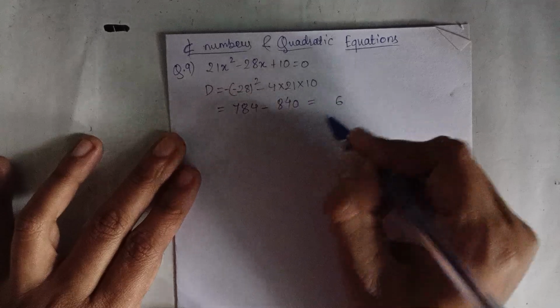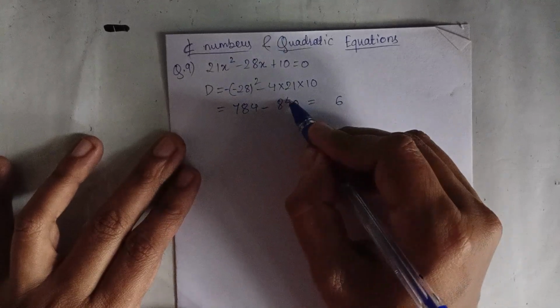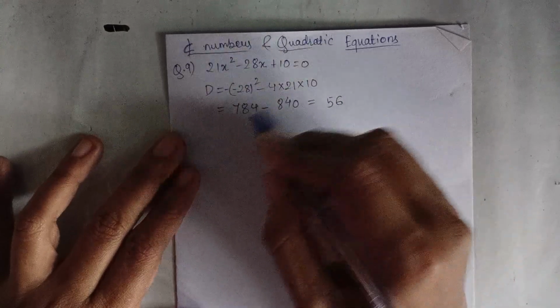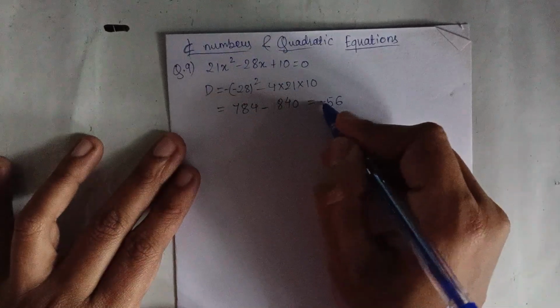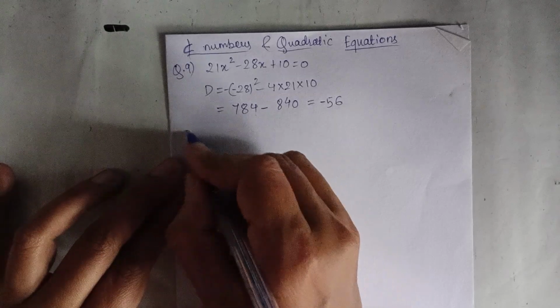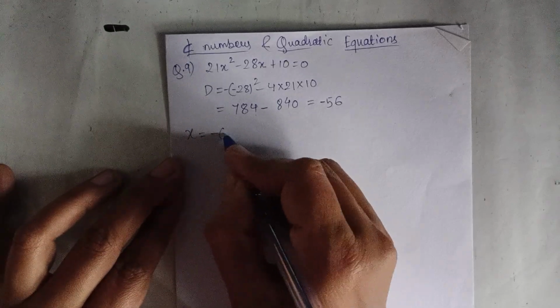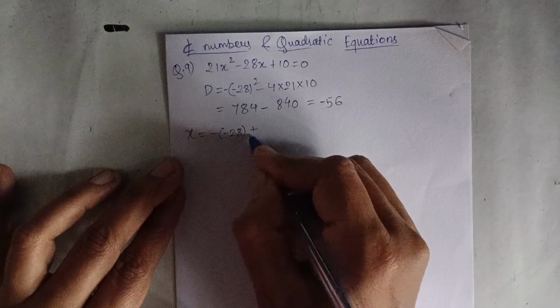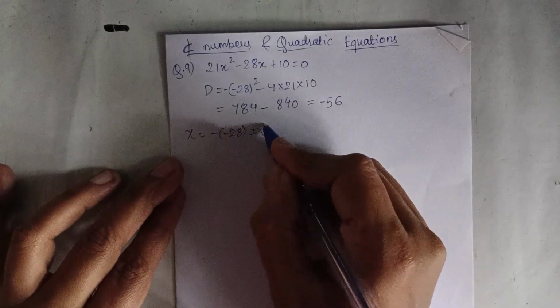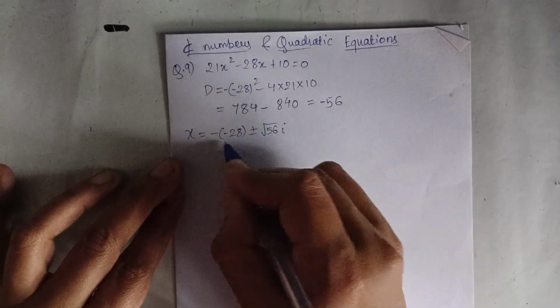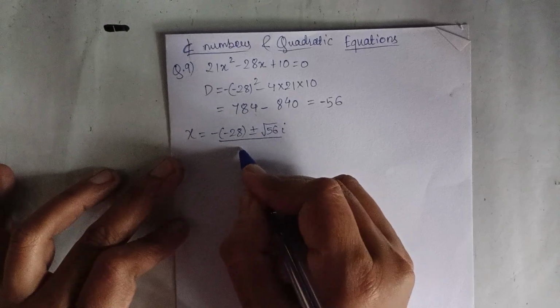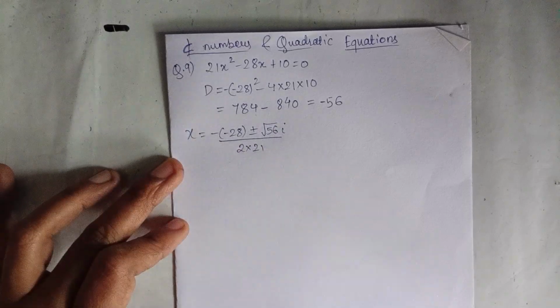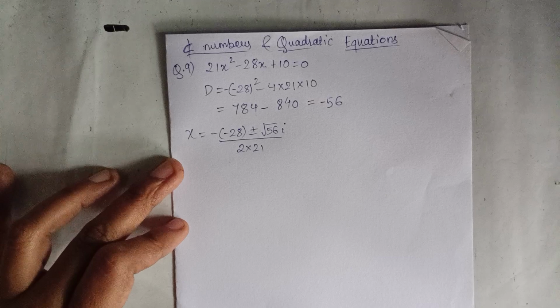So this is 6, 5 minus. Okay. X is minus b plus or minus root 56i upon 2a. Okay.